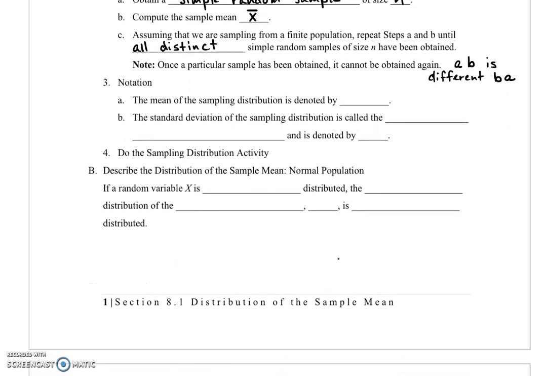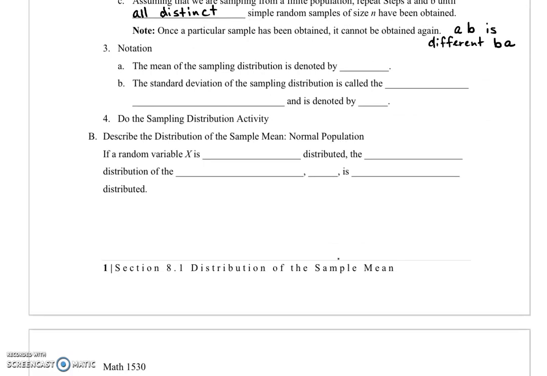So, as always, we need to talk about a little notation. The mean of the sampling distribution of the sample mean is denoted by mu sub x bar, and the standard deviation of the sampling distribution is called the standard error of the mean, and it's denoted by sigma with an x bar.